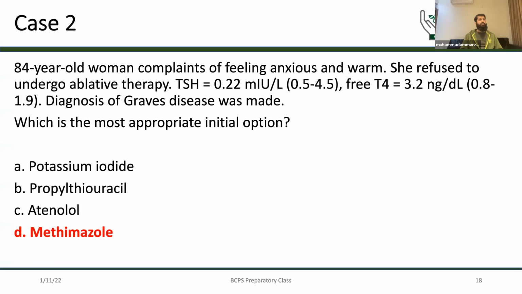So the patient is quite old, an 84 years old woman. It's less likely that the patient is pregnant, but you should take a good history from the patient as well.